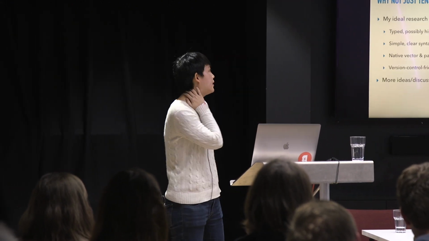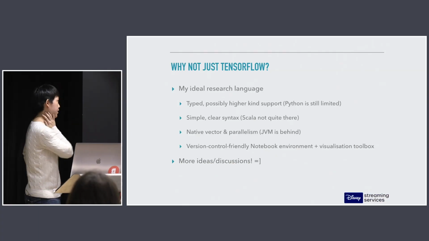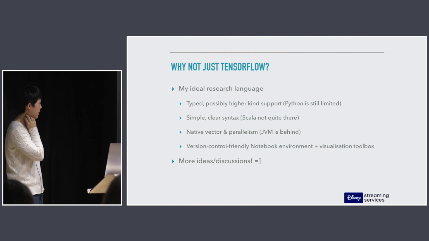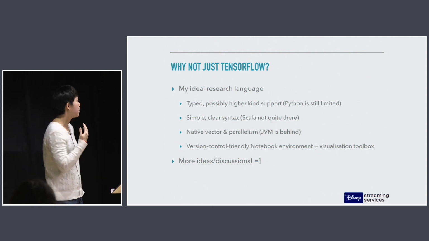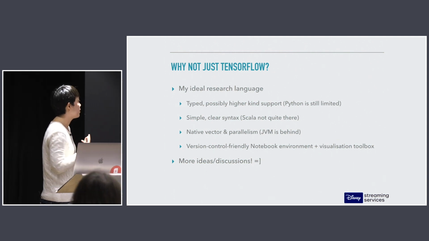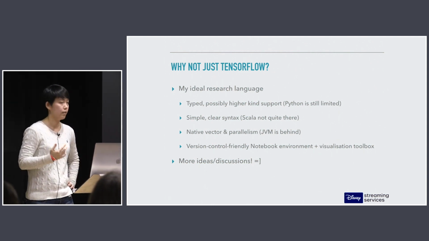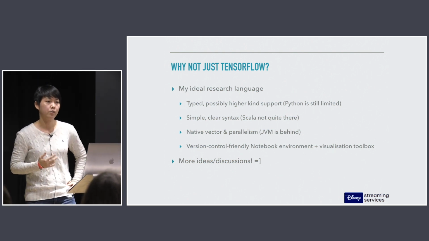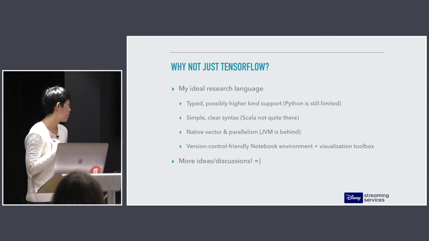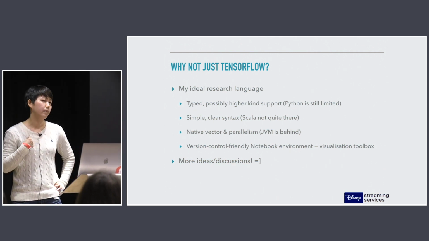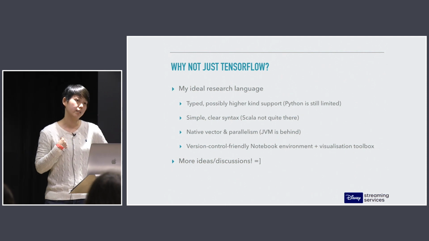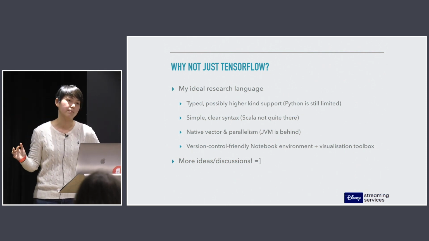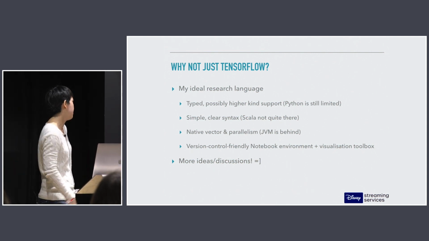So this is my personal opinion on what the most ideal research language should be like. Typed, very simple, clear syntax, which I think Python is a winner here. Native vector and parallel computation, which again, NumPy did a lot of work. JVM is kind of behind. There is a thing called Deeplearning4j, which uses a trick of exporting to C and C++ to do the vector computation.